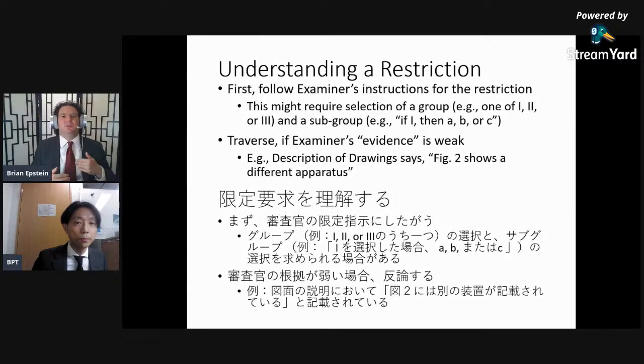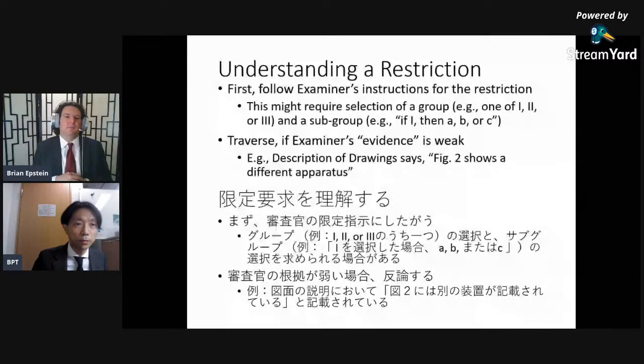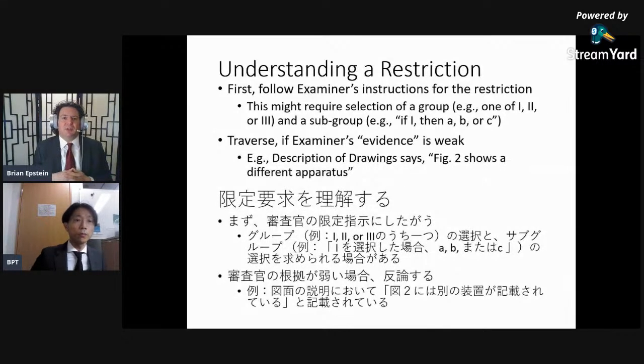Another way to traverse is to address the examiner's grounds for making the restriction or the election. In particular, we can do that if the examiner's evidence is weak. The examiner is doing the best job they can based on the information that is in your application.